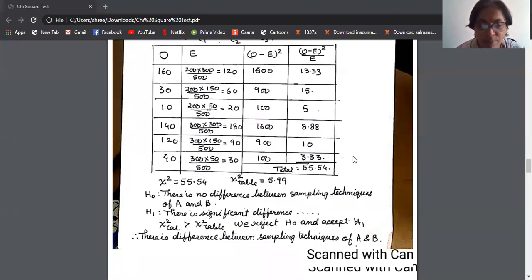So in this particular case, it is greater, so we are rejecting H naught. Now the moment we reject H naught, we have to accept H1. So our final answer will be, there is significant difference. I have forgotten to write the word significant there. There is significant difference between the sampling techniques of the two investigators A and B. We will accept H1 here.